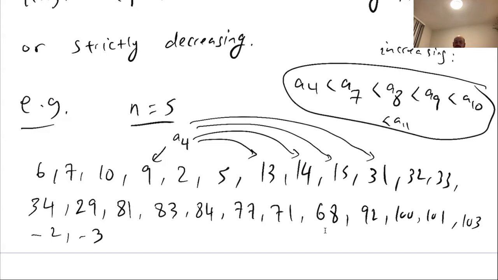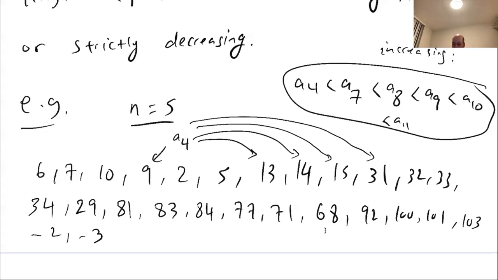And this is a subsequence of the original sequence. Because remember, for a subsequence, you need to have a n1, a n2, a n3, and so on. And the only restriction is that n1 must be less than n2, n2 less than n3, and so on. So the indices must be increasing. So the first index is 4, then the next index is 7, next is 8, next is 9, then 10, then 11.